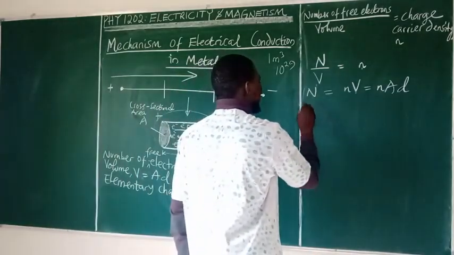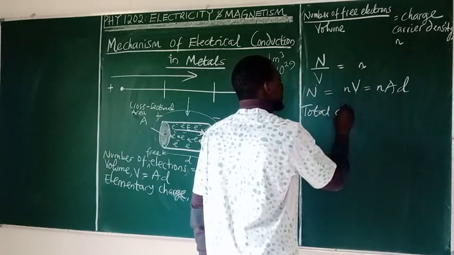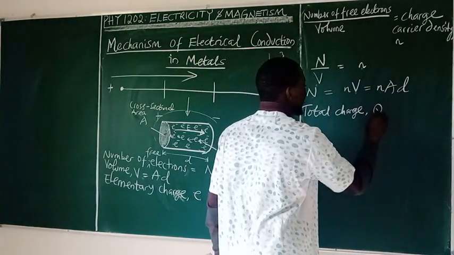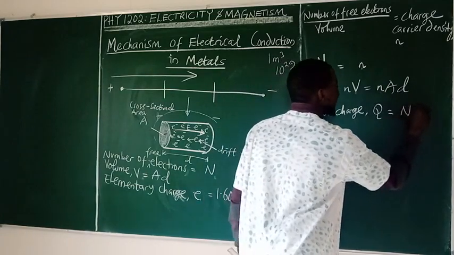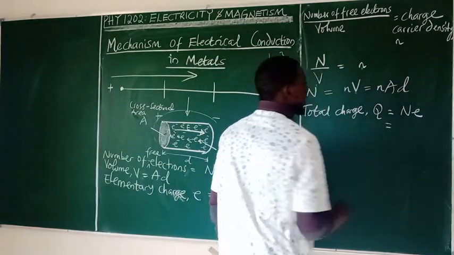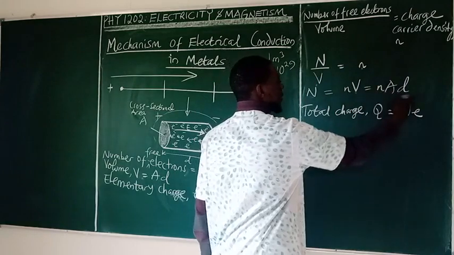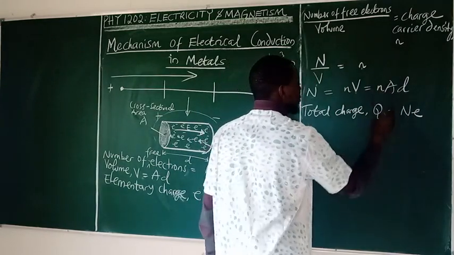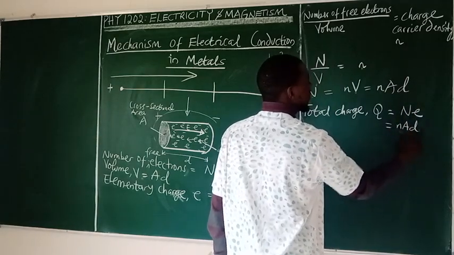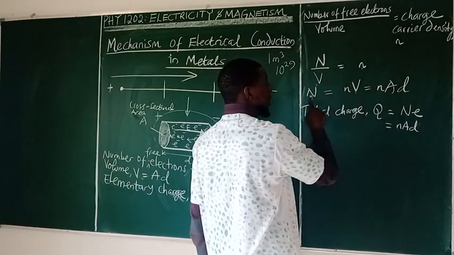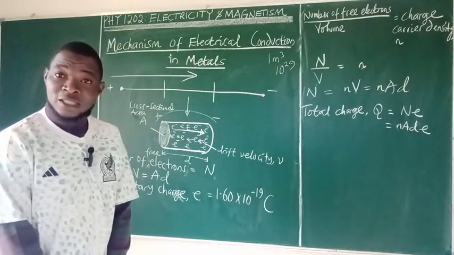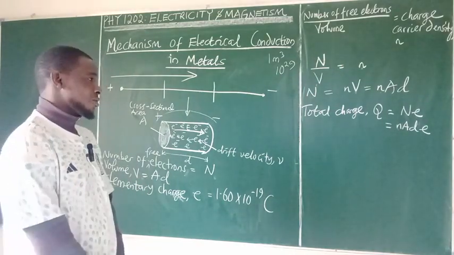So total charge, denoted by Q, is equal to Ne. Since my N is nAD, I can take all of this and put it here for N. So I will have nADe. This is the total charge.